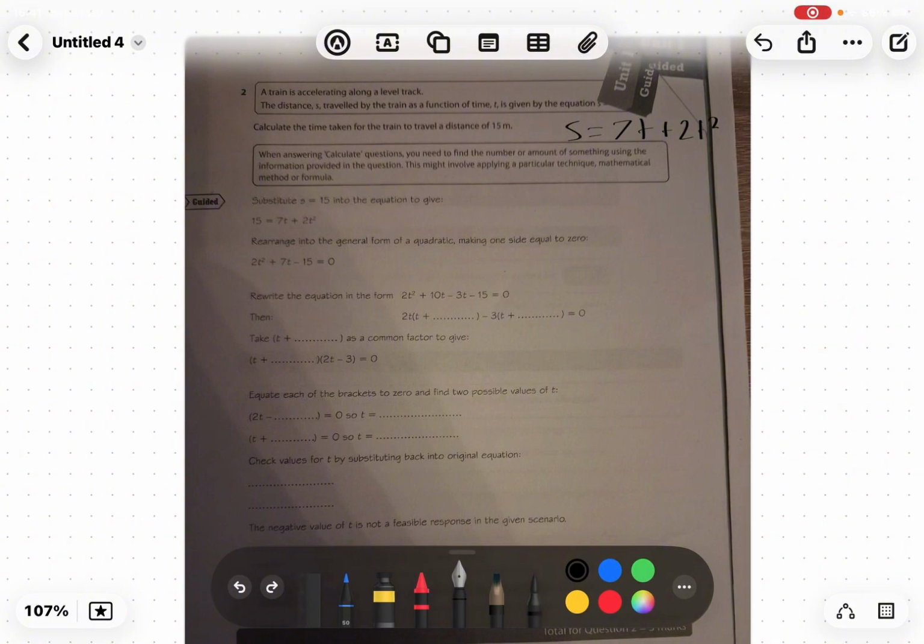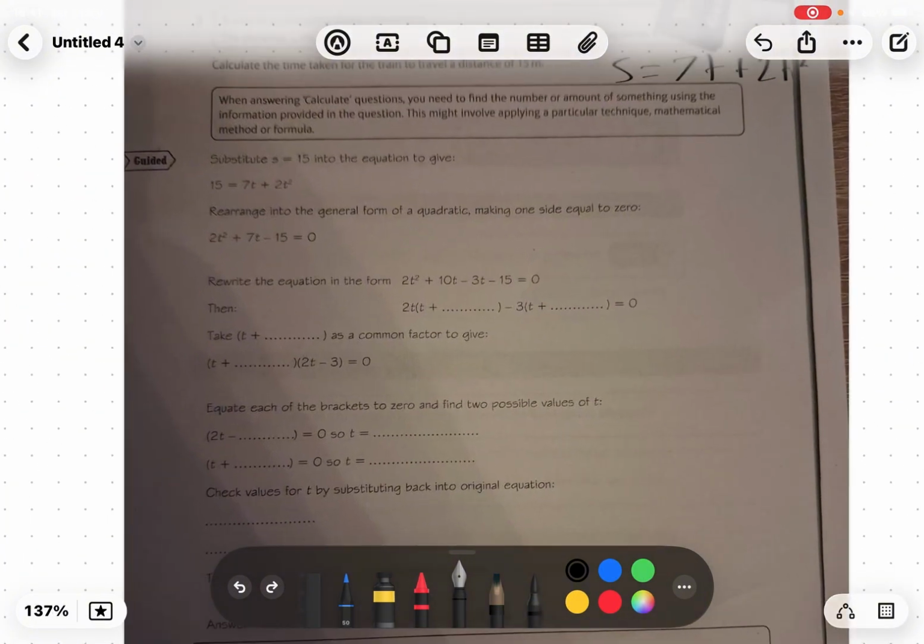Over here, as you can see, they make us use our own brain. We have to write what's missing to create this. So this thing equals t squared. After 2t squared we have 10t, so we put a 5 because this equals 10t.